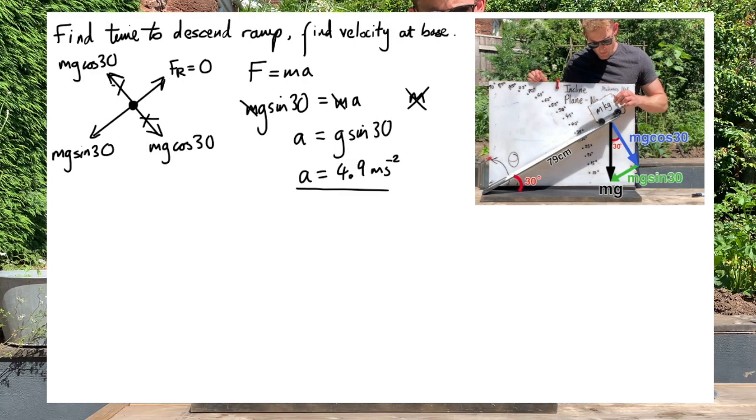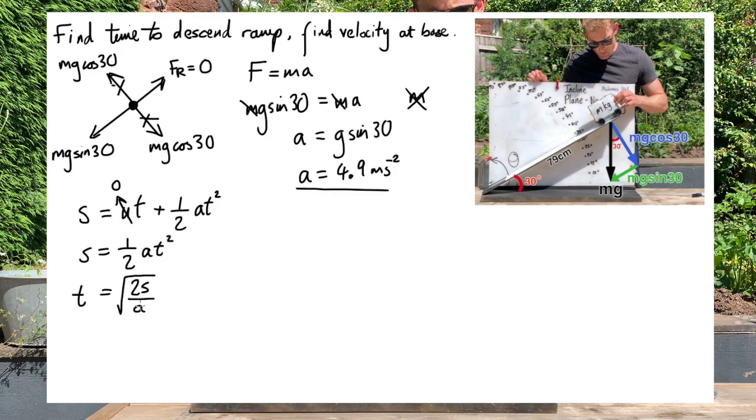Okay, so let's find the time it takes to descend the ramp. To do this, I'm going to use the SUVAT s equals ut plus half at squared. Now, our u is 0, so that goes, and we end up with s equals a half at squared. I'm going to rearrange this first, so t equals the square root of 2s over a.